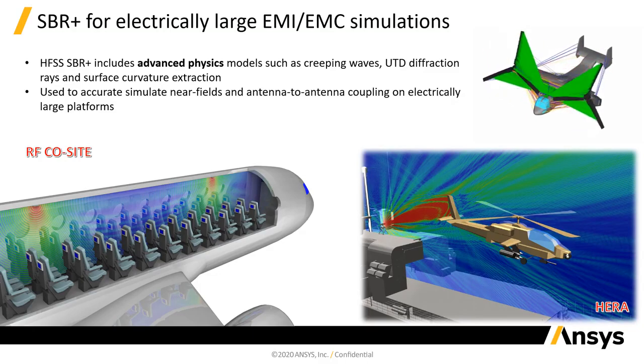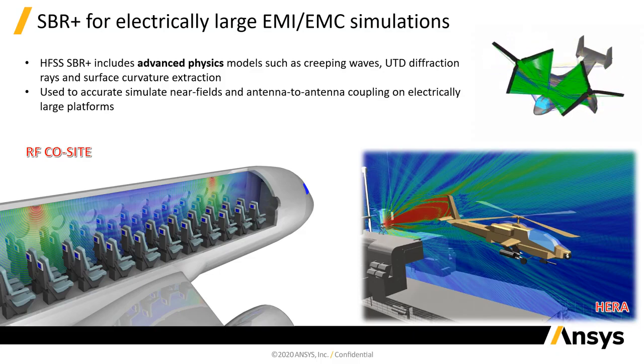The greatest advantage of HFSS is that we can leverage shooting bouncing ray technology, but we do have advanced physics models such as creeping waves, UTD, and PTD that improve the results and the accuracy of shooting bouncing rays. So the results can get closer to what you would expect in real life, and also, of course, close to full wave simulation results.